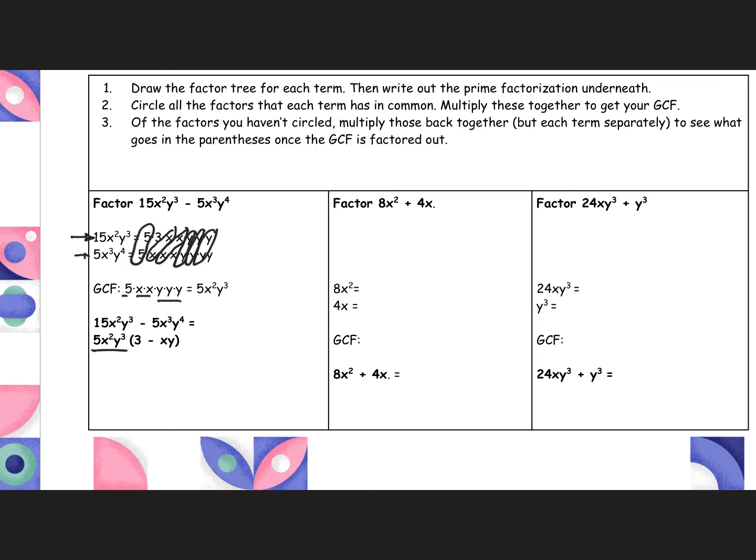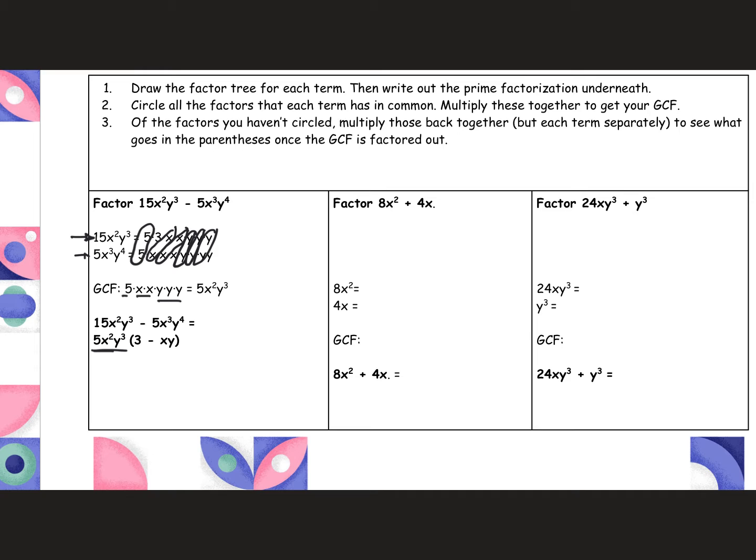So taking our GCF and dividing each term, again using the quotient rule for exponents, we're going to subtract our exponents. What's left in the parentheses gives us 3 minus xy. All right.